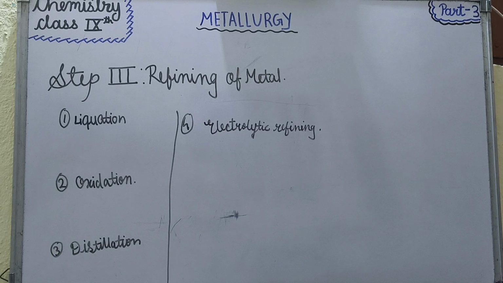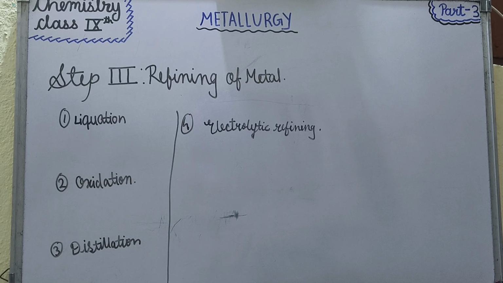Liquefaction is used for refining metals having low melting point which are easily fusible but have non-fusible impurities. On heating, pure metal melts and falls down along the slope of the furnace, whereas impurities which are non-fusible are left behind.